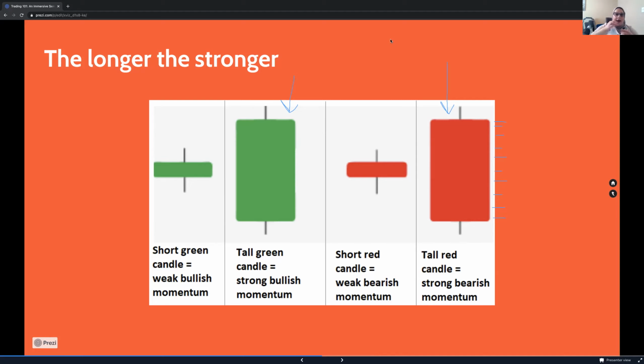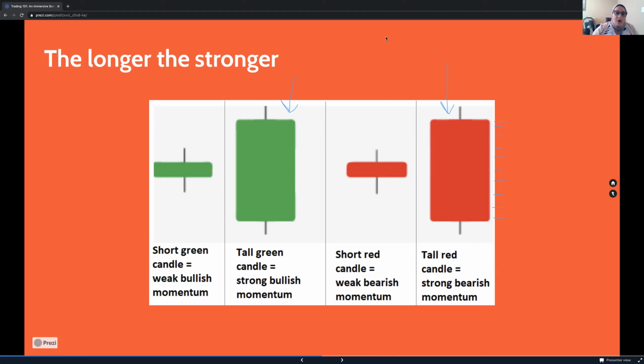If it moved really fast, there was not enough of a chance to fill all of those orders at that level. It means most likely it has to come back down to pick up those unfilled orders. So when we see a long green candle, just think it's probably going to come back down.